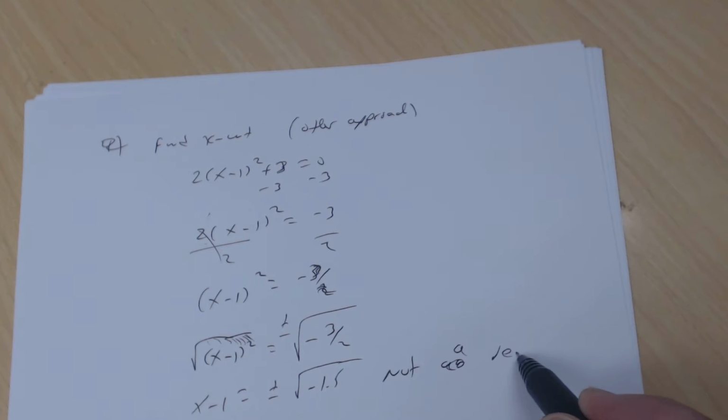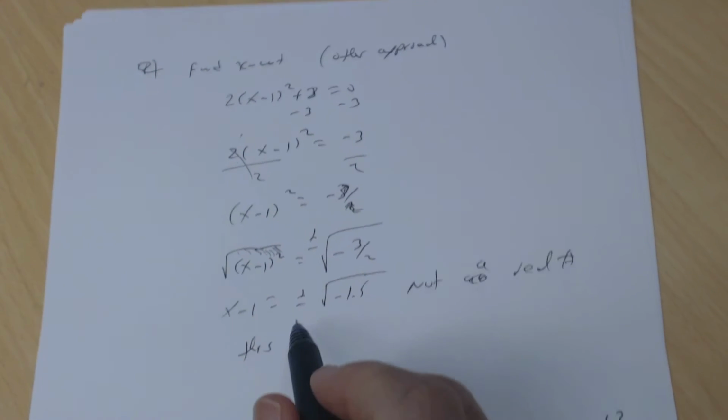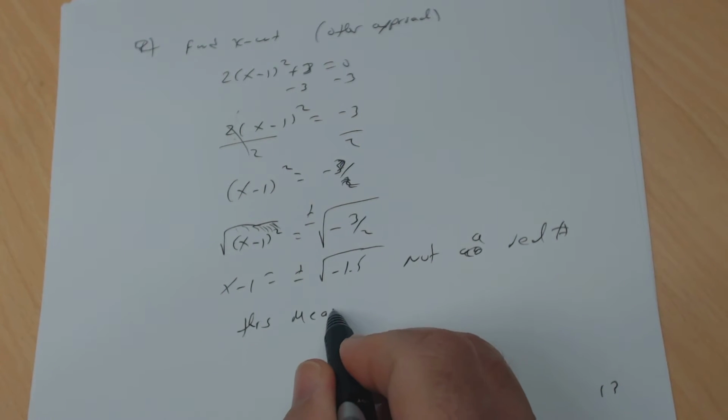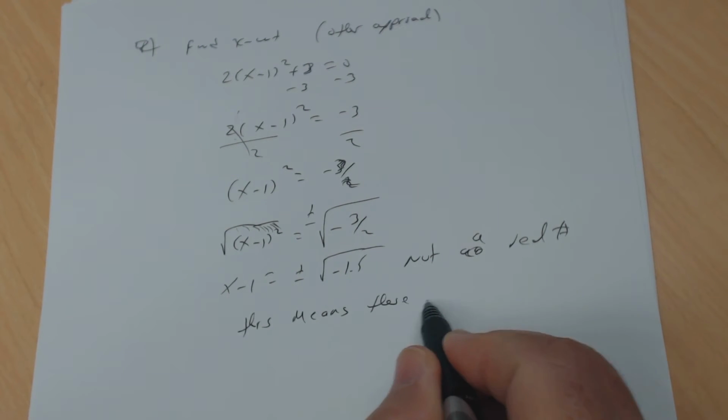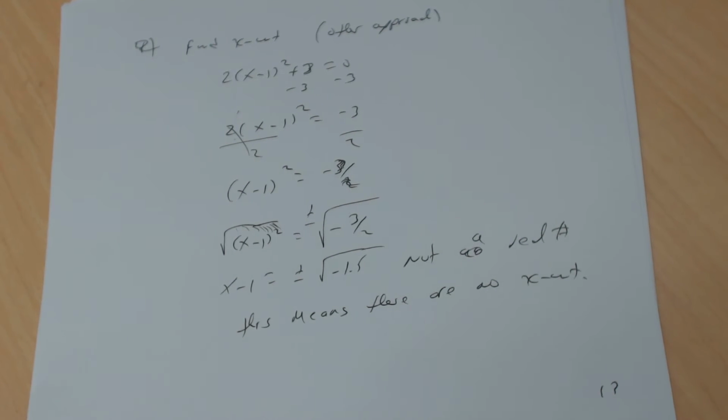This right here is an imaginary number, a complex number. So I can't go any further. What that means is that there are no x-intercepts. Okay? Just wanted you to be aware of that.